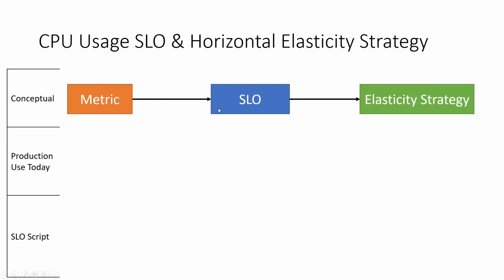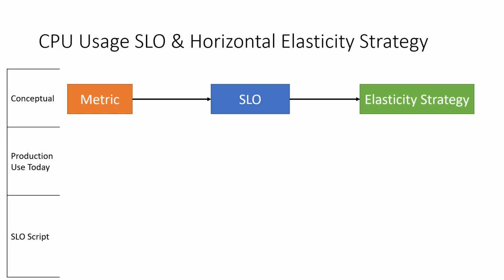And these metrics then go into an SLO, which has some bounds defined by the customer. And the SLO evaluates if the application is currently operating within these bounds or not. If the SLO is violated, it triggers an elasticity strategy, which is supposed to ensure that the violation is corrected and that the SLO is respected again.